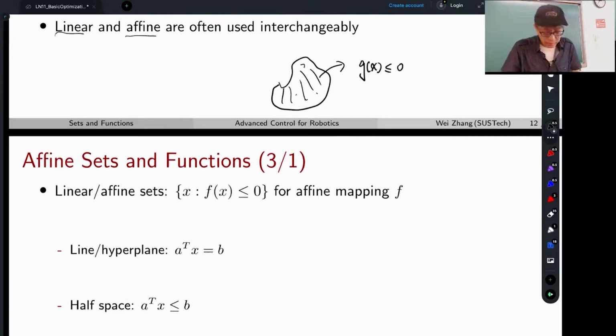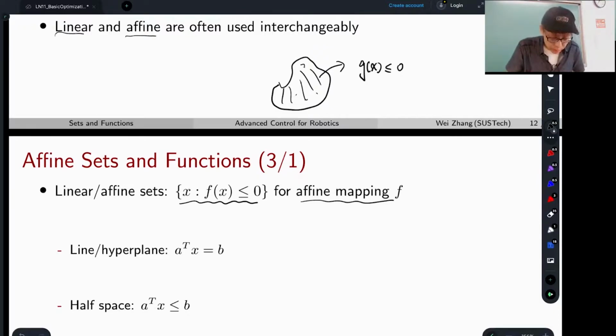Well, a linear set, or an affine set: when I say a set is linear, it's nothing but a set that can be represented by a sub-level set of an affine function.